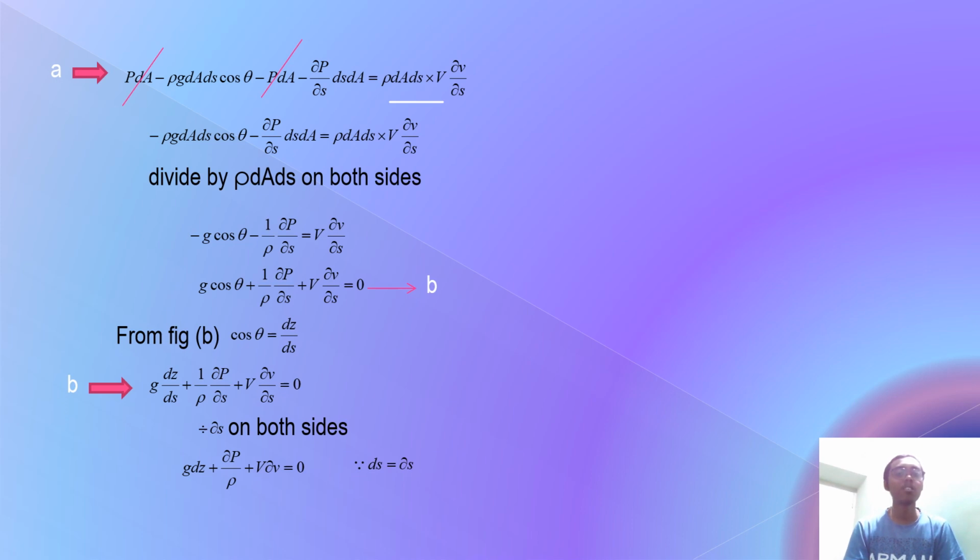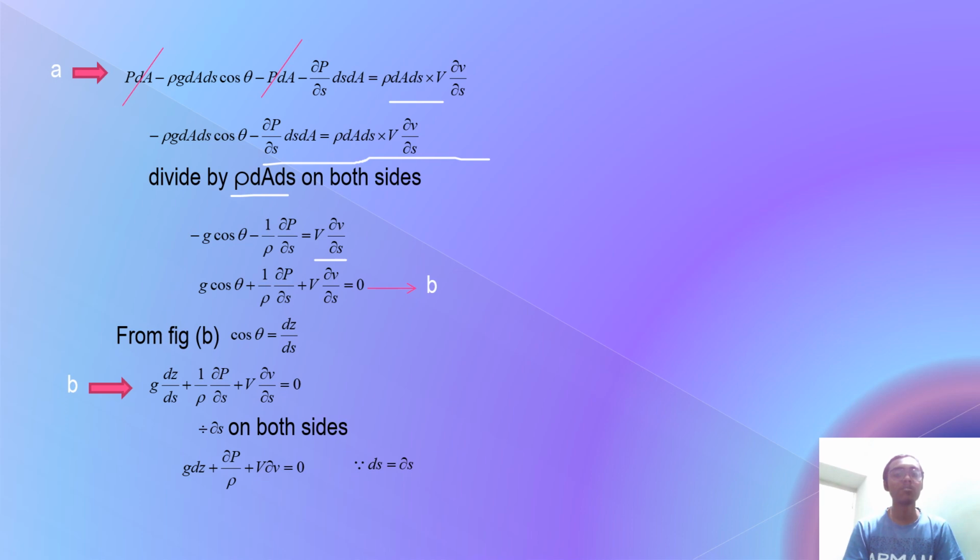Finally, we get minus rho g dA ds cos theta minus del P by del S ds dA is equal to rho dA ds into V del V by del S. Now we divide rho dA ds on both sides. We get the expression minus g cos theta minus 1 by rho del P by del S is equal to V del V by del S.